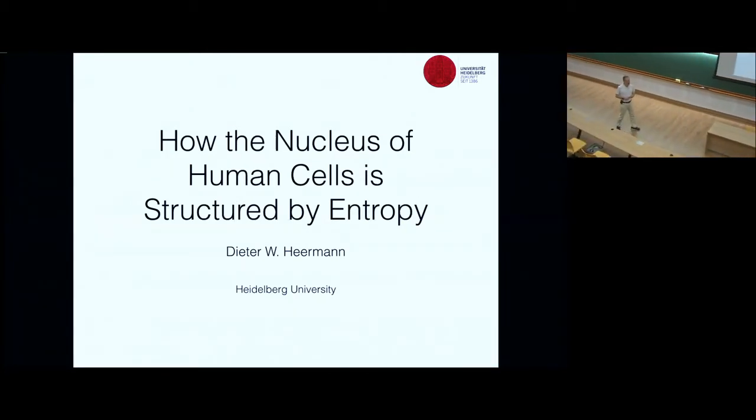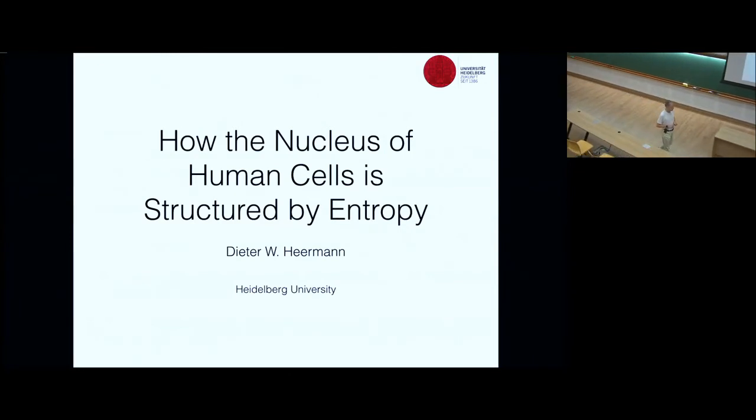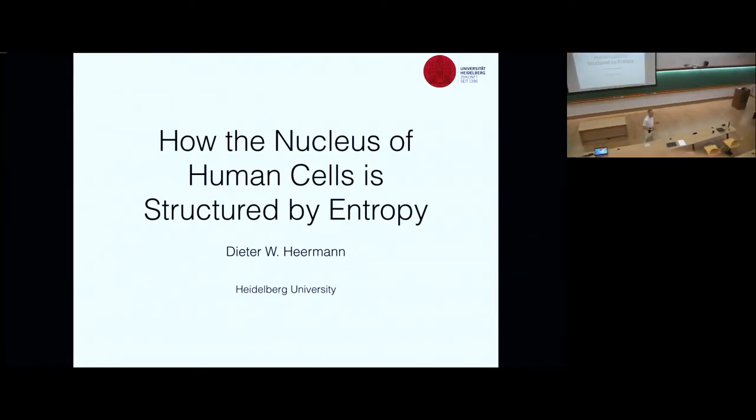So let me tell you a little bit about our point of view of how the genome is folded. What we are talking about here is the problem of how your chromosomes are folded. For most of the talk, we will focus on how the chromosomes are folded in interphase, that is, when things are really rolling within the nucleus.